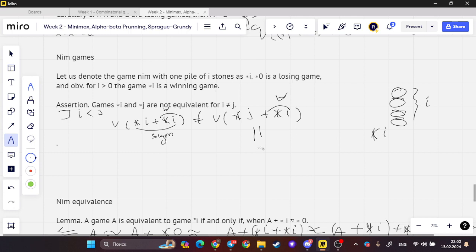And here we have 1, here we have -1. We give an example of a game on which we have inequality. That means star e is not equivalent to star g.